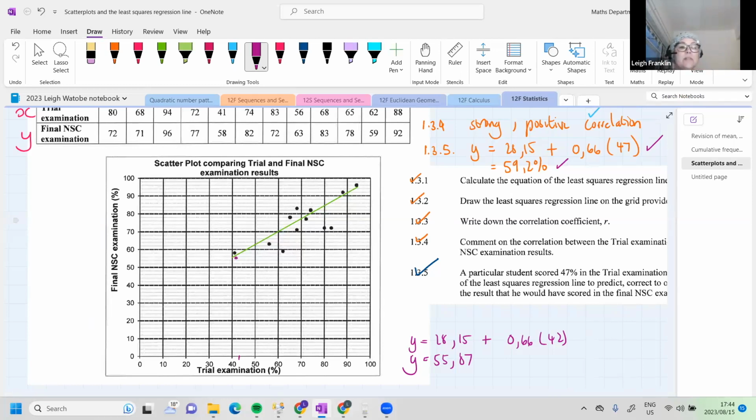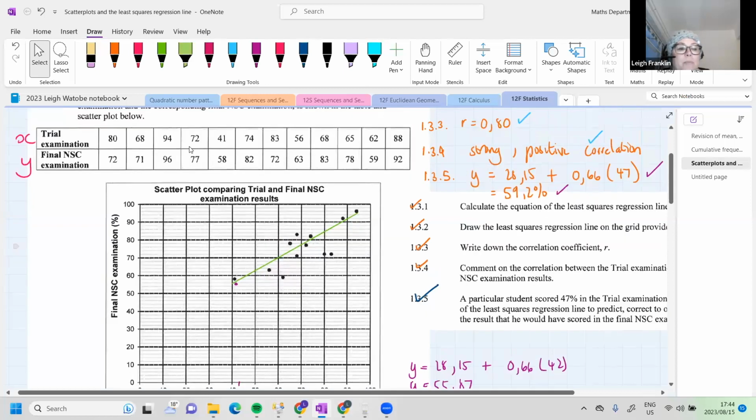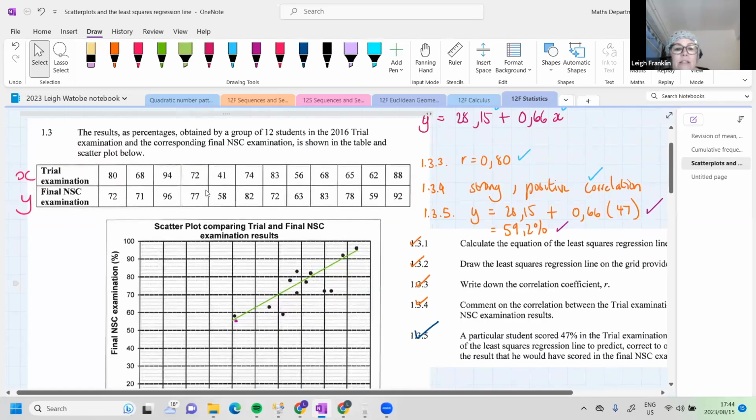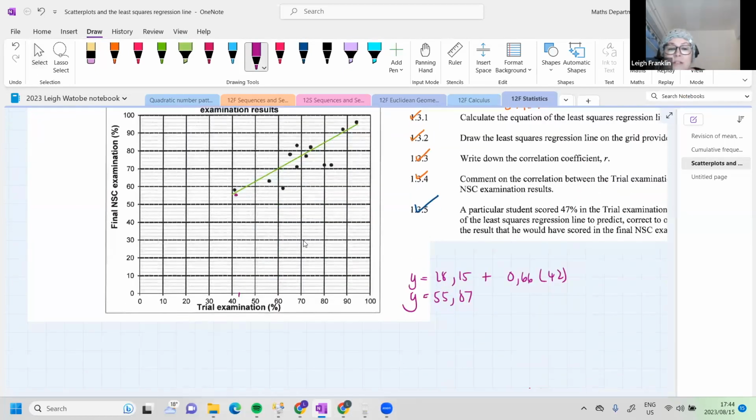All right, if we go just inside the biggest one, what was the biggest X here? It was 94, so let's go with 93. So y equals 28,15 plus 0.6 times 93.